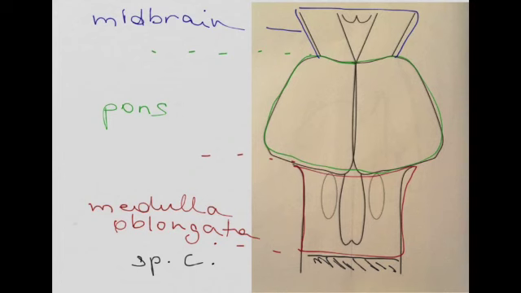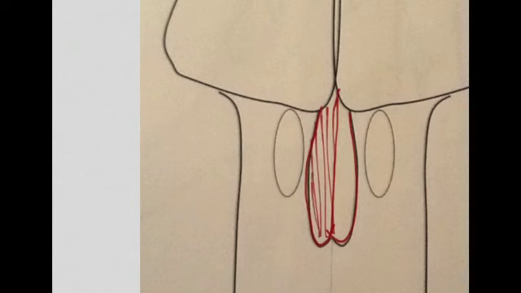So let's look at the individual parts and their landmarks. Again, first we look at the medulla oblongata. In the midline, we see that elongated paired structure, the pyramids, where the corticospinal tract fibers are running down.